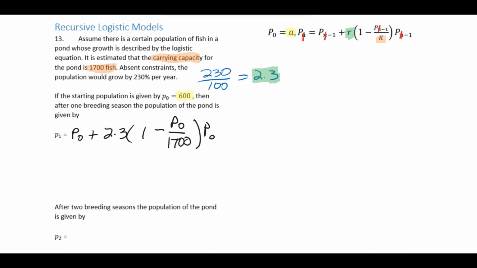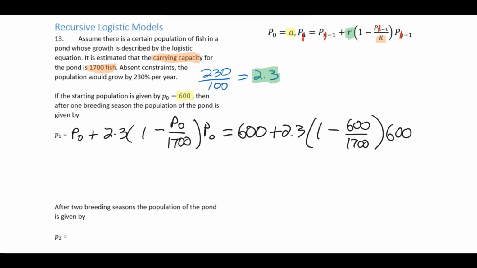We know what P sub 0 is, so we can now work this out. 600 plus 2.3 times 1 minus 600 over 1,700 times 600.